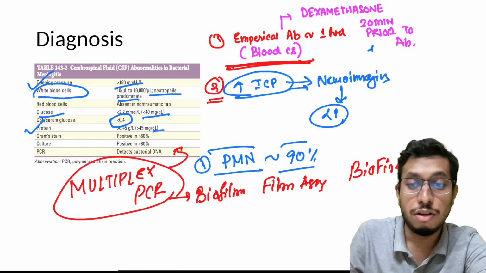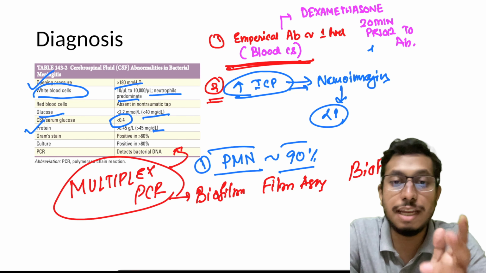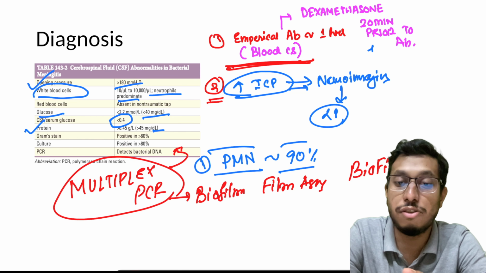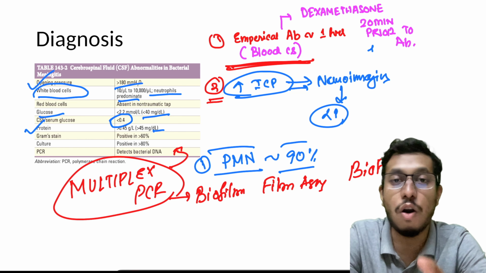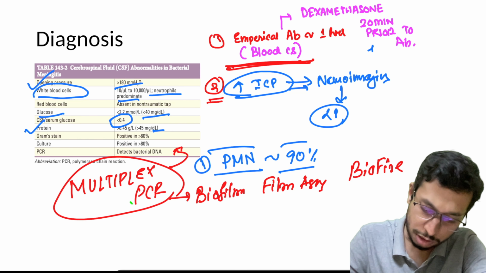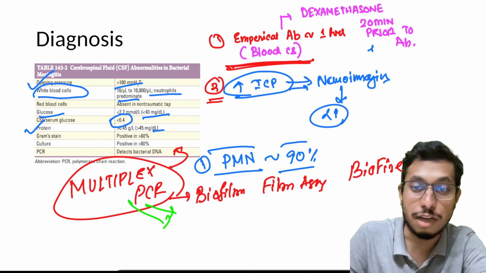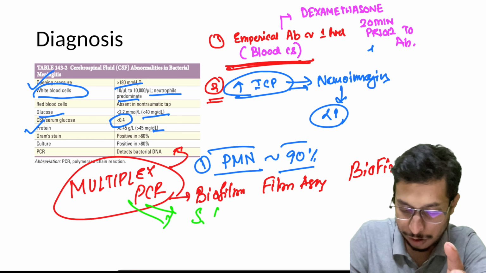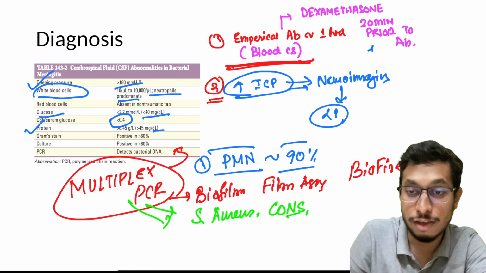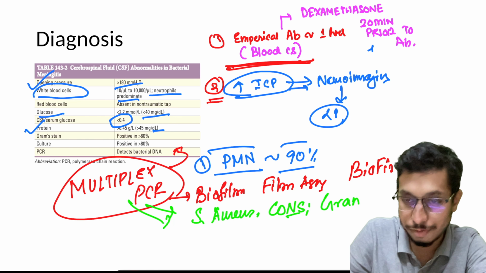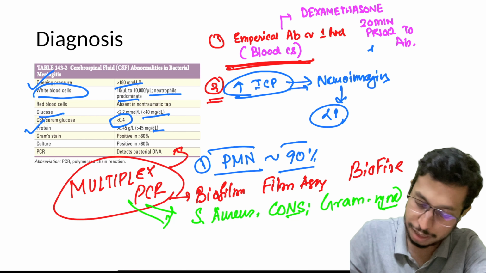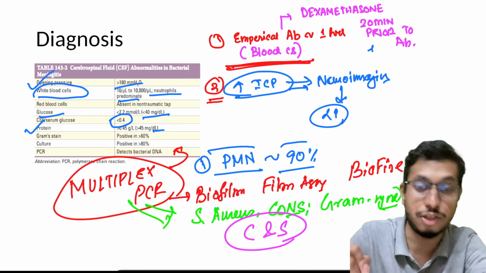Okay, so it detects Streptococcus pneumoniae, Neisseria meningitidis, E. coli, Listeria, Haemophilus influenzae, which are the more common causes of acute bacterial meningitis. But its limitation is that current technology is not available to diagnose Staph aureus, coagulase negative cases, or many gram negative cases, for which culture and sensitivity is still required.